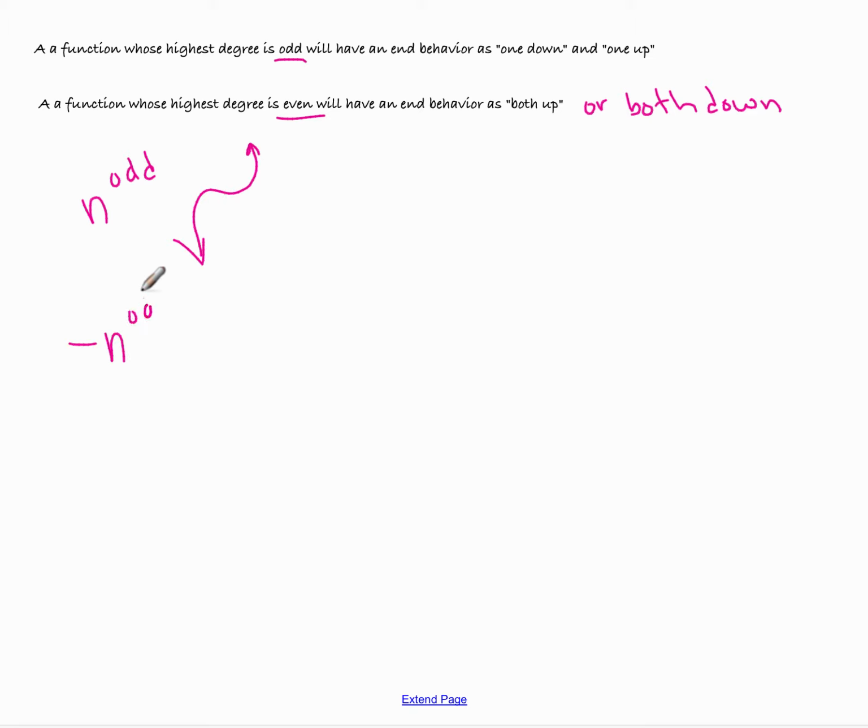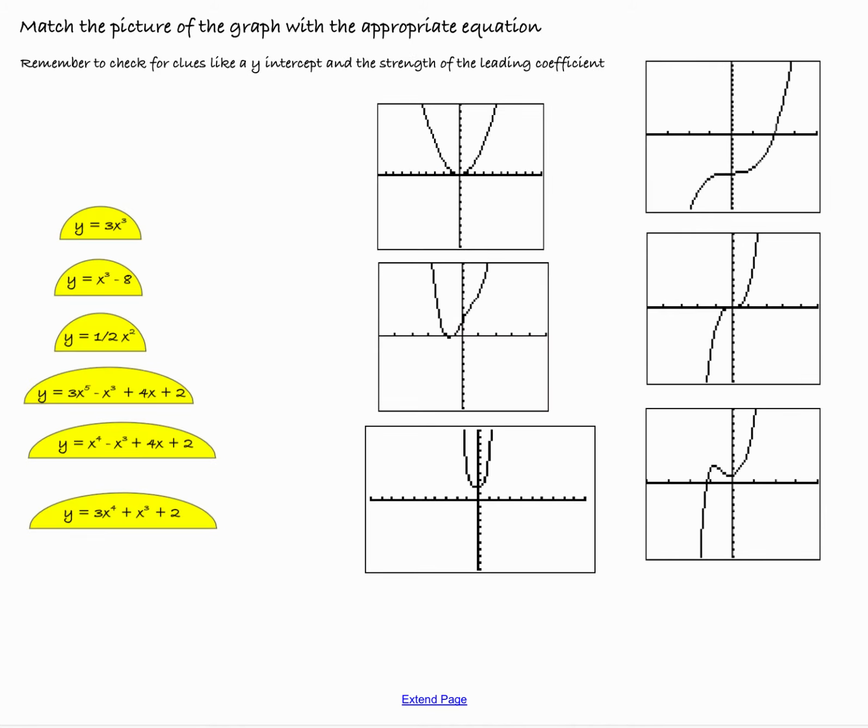Negative x to an odd will look like this. X to a highest even will look something like this. X to a highest even with a leading negative will look like that. And again, how many zeros are in the middle depends on how many relative minima and maxima there are. So all we want you to be able to do is to quickly match and recognize polynomials.